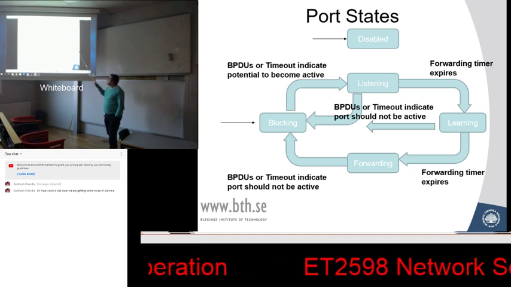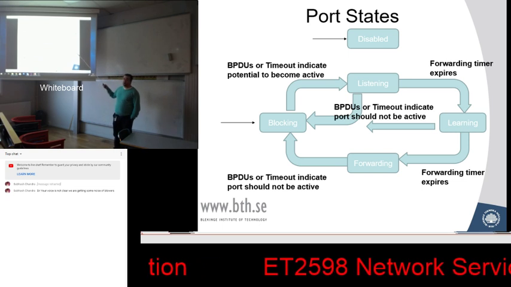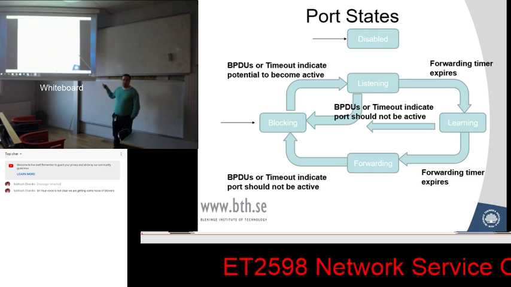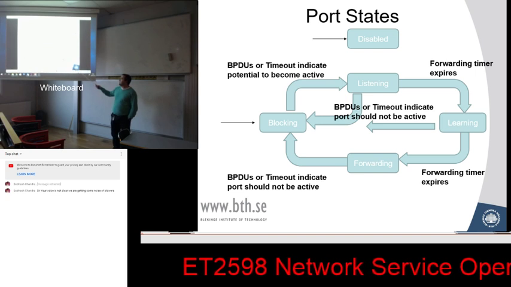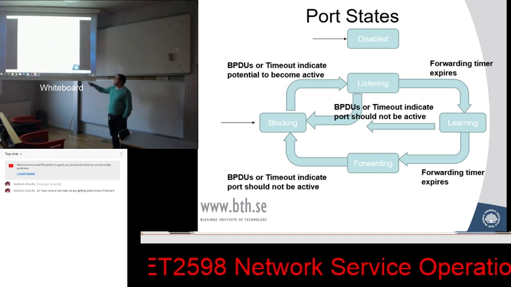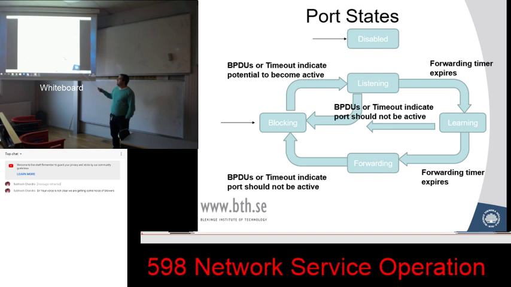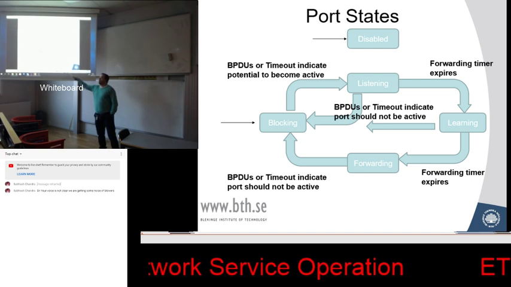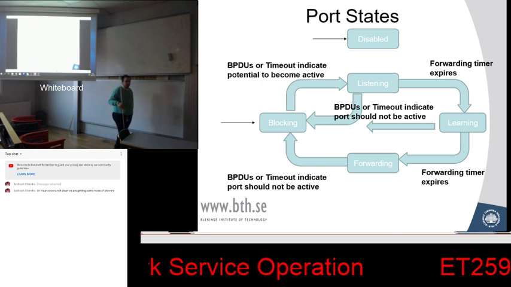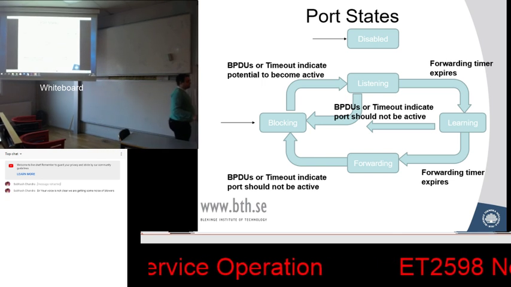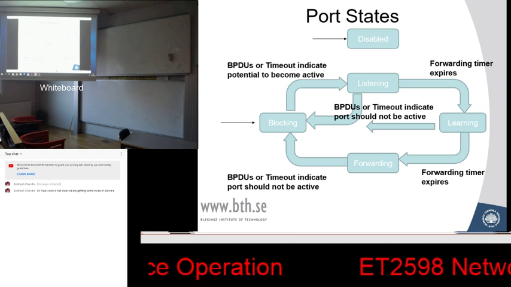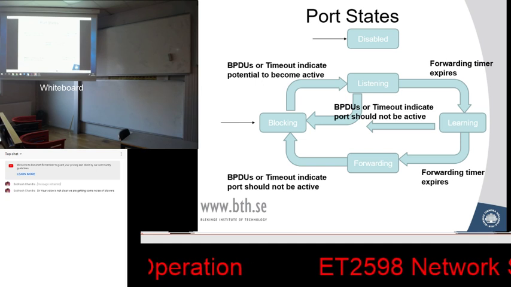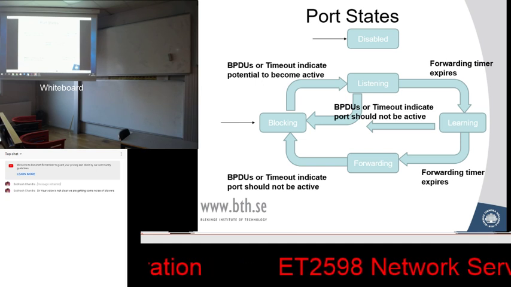If the forwarding timer expires, we go to the learning state, we learn stuff, and then we go into a forwarding state, and this is where we want it to be. And if that times out and we have an issue, then we go back to the blocking state. So that's the principle of the port states.